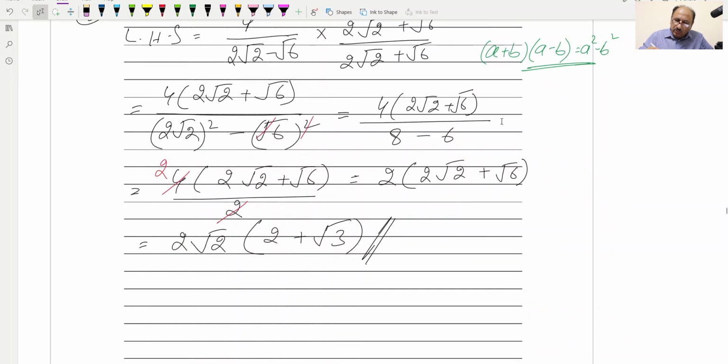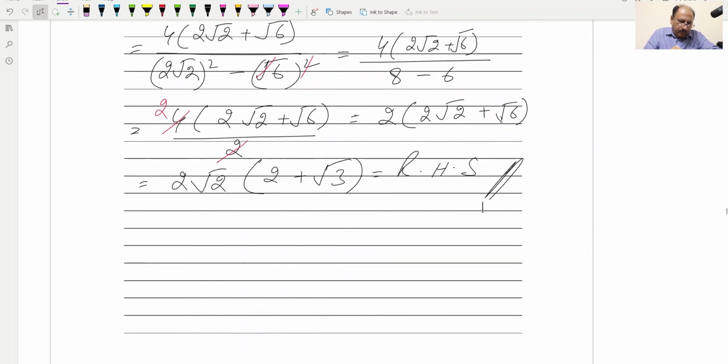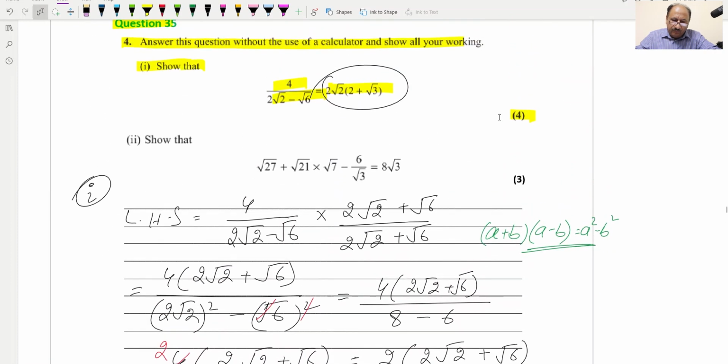So this is equal to the right hand side. So this is proved.